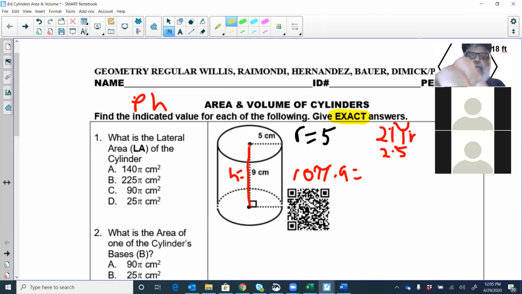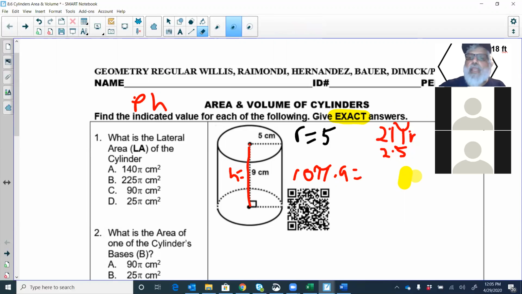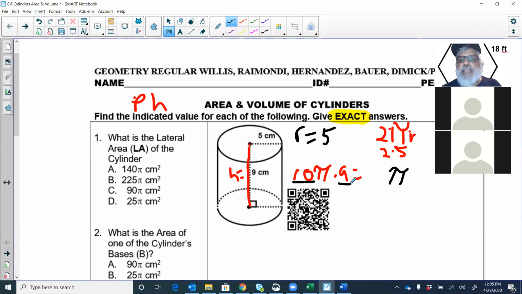When they want the exact values, that means that we're going to leave that pi alone. Okay, so that pi is part of the answer. So I put my pi right here. And all I have to do is 10 times 9.